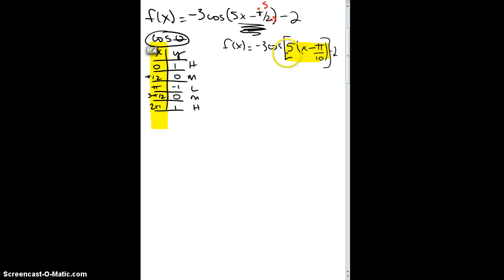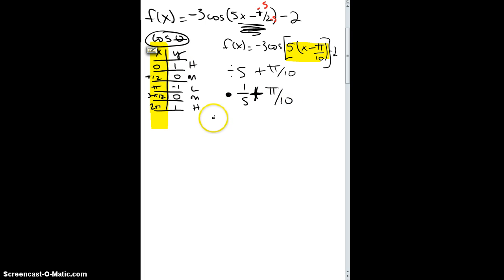The first thing is this is going to impact your period, so you're going to divide by 5, and then you're going to do the phase shift, which is adding pi over 10, because it's whatever causes that to be 0. So to the right, pi over 10. Now again, instead of dividing by 5, since we're typically dealing with fractions, we're going to multiply by a fifth, and then we're going to add the pi over 10.